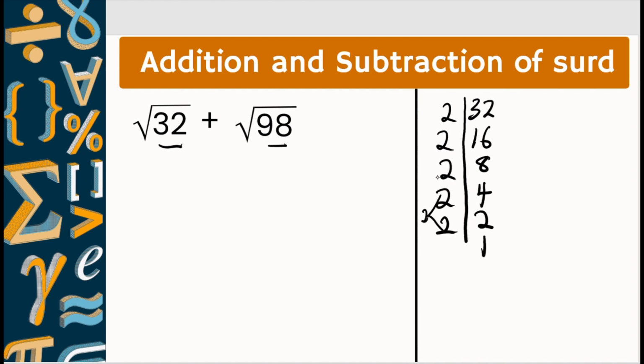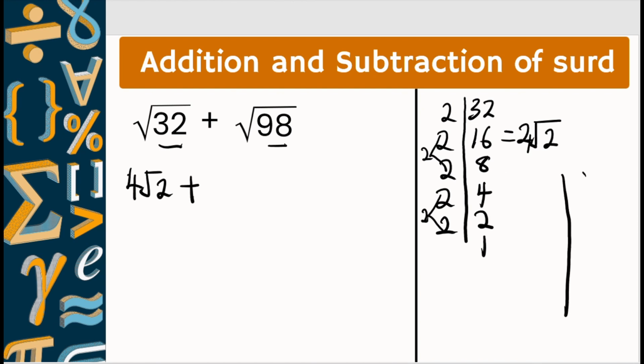Grouping this in twos, I have 2 and 2. Remember, the expression is the product of the grouped, then in square root, the product of the ungrouped. So this will be 4 root 2. Therefore, root 32 will be reduced to 4 root 2, plus, I'm going to do the same for 98.